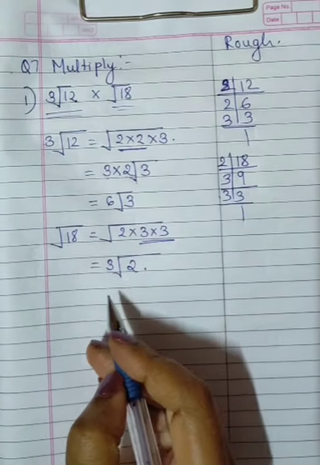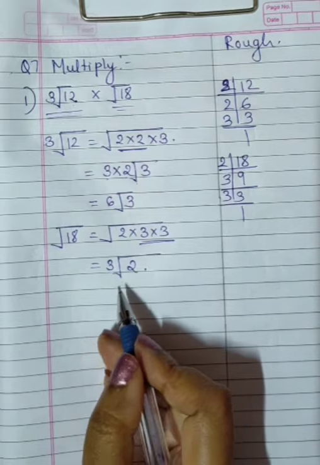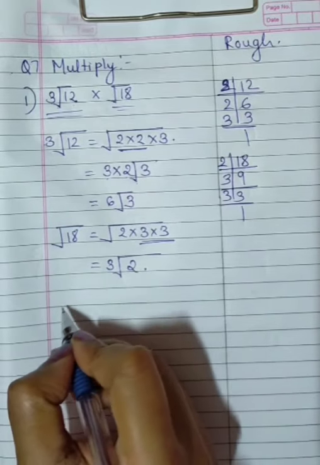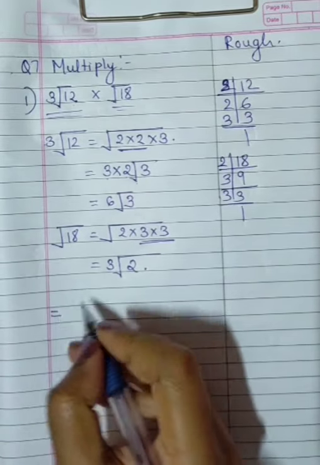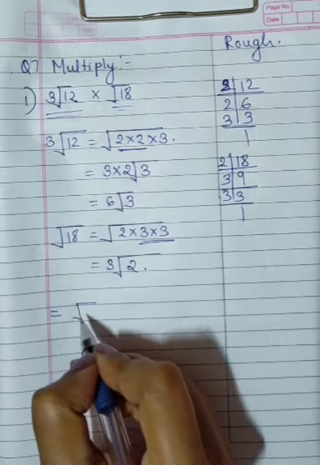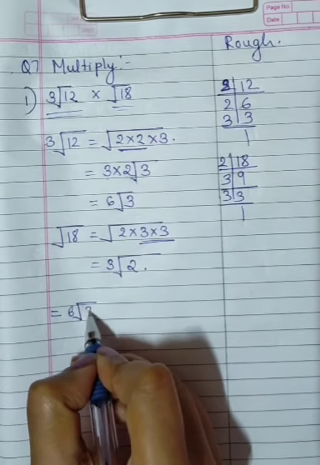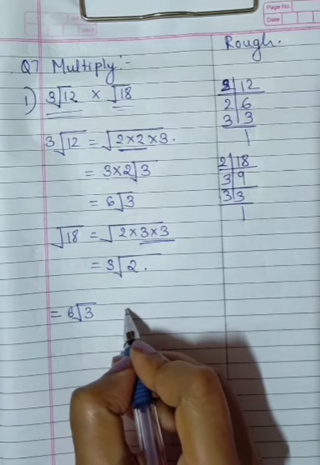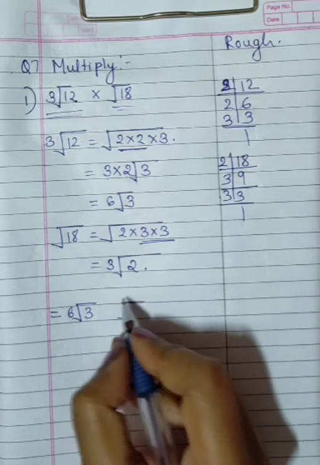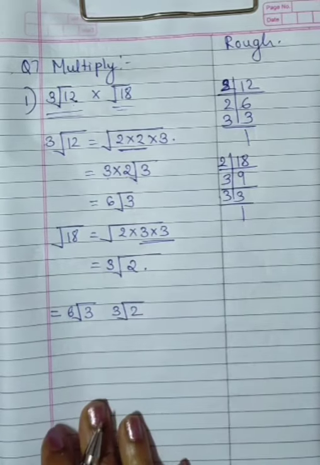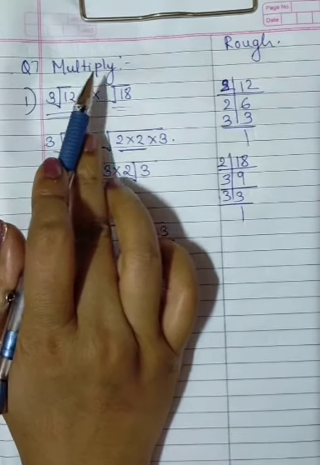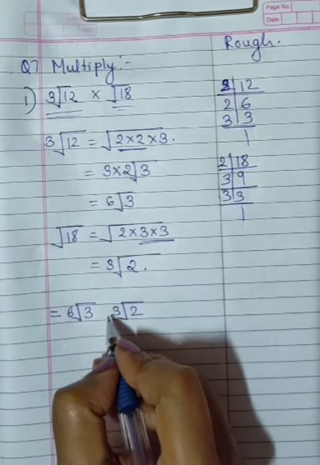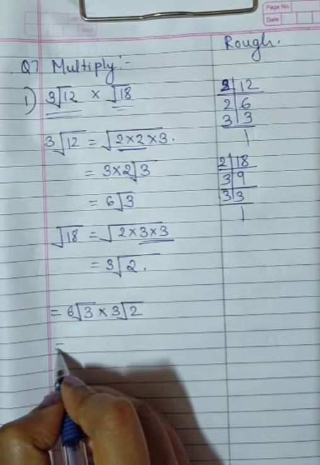So as you can see, the numbers we got are here 6 square root 3 and 3 square root 2. Now we have to multiply this. So I am doing that.